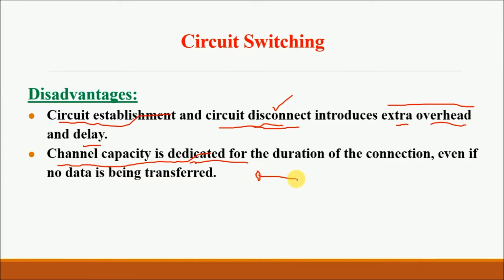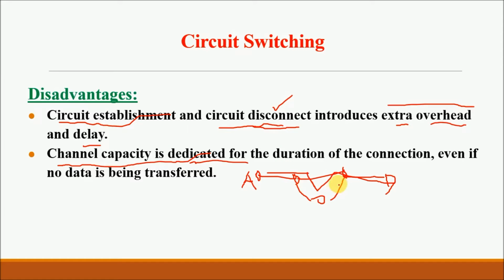So once the communication is established via some nodes, what will happen? Suppose this is node A and this is node D, and through this line the communication is established.